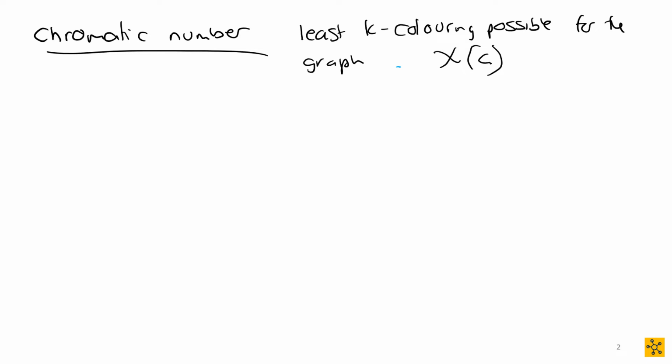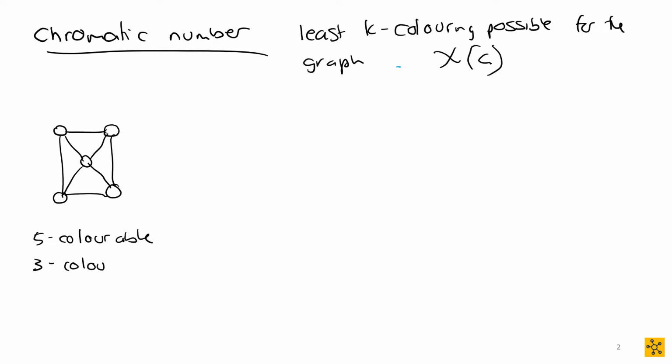So when we have, for example, that graph earlier, when we looked at it, we saw that it was 5 colorable, but it was also 3 colorable. So the idea behind the chromatic number is it is the least K coloring possible for the graph.